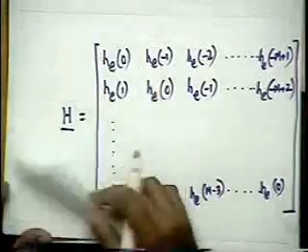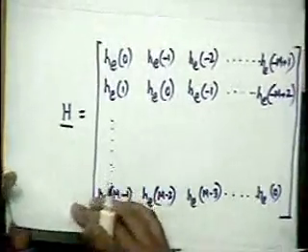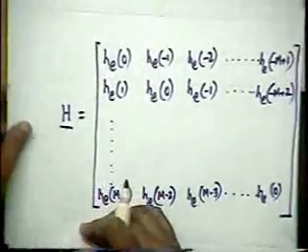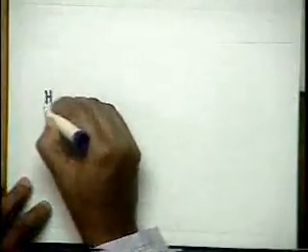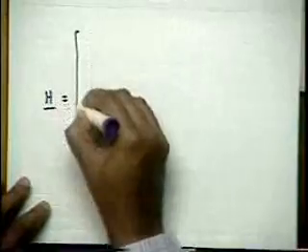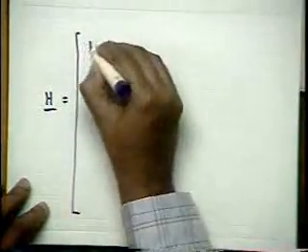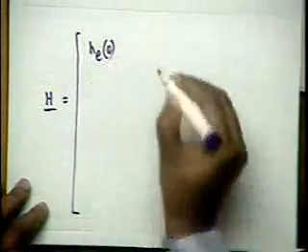Let us have this for reference, and let us reconstitute the elements of this matrix H. The first element can be written as h_e(0) as it is.